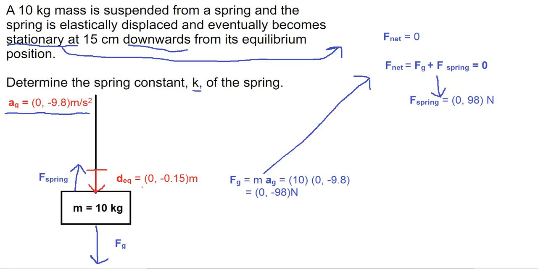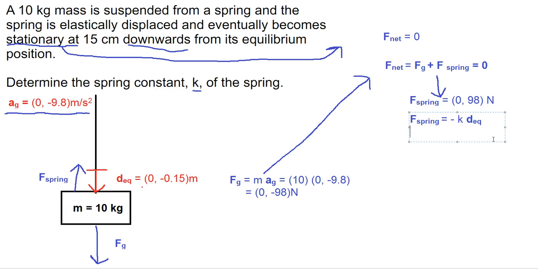Because at the end of the day, this force of the spring, since we are dealing with ideal one-dimensional springs, must equal negative the spring constant k times the displacement from equilibrium. Right? So this has to be true. k is always just going to give us a positive scalar quantity, which is why I'm not bolding it.